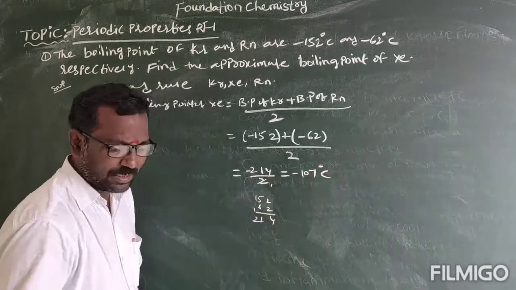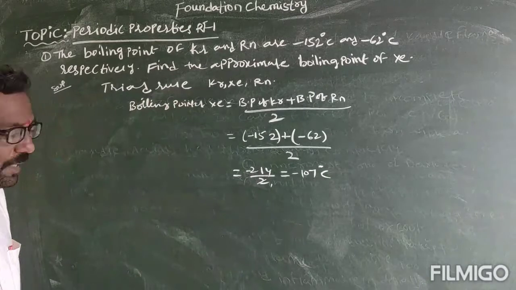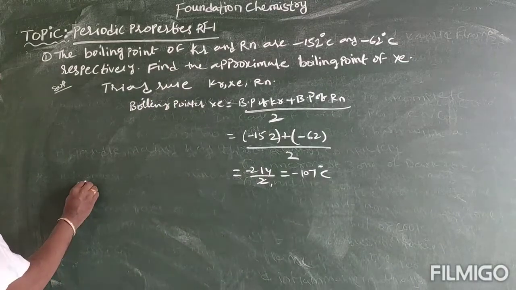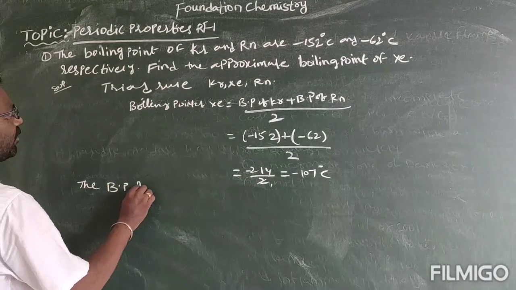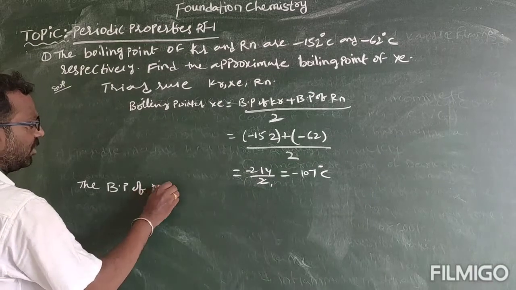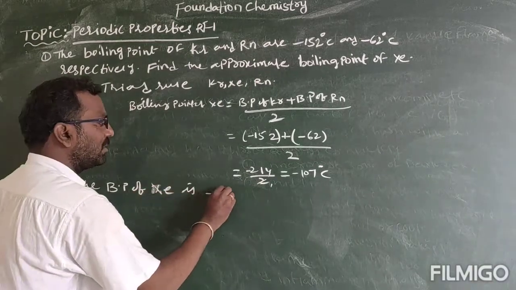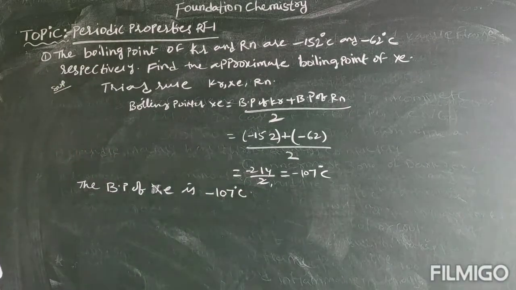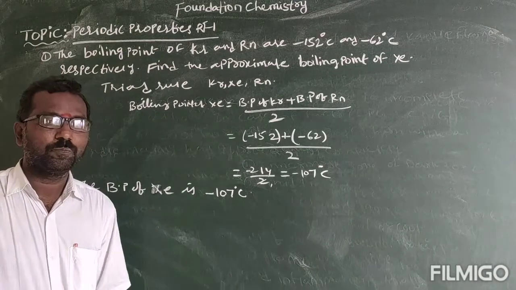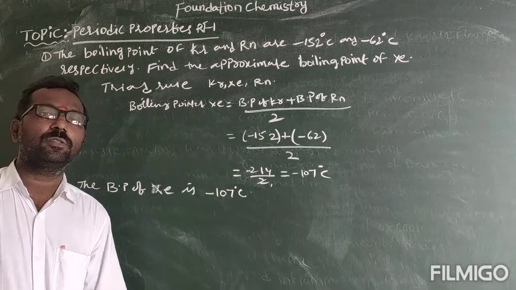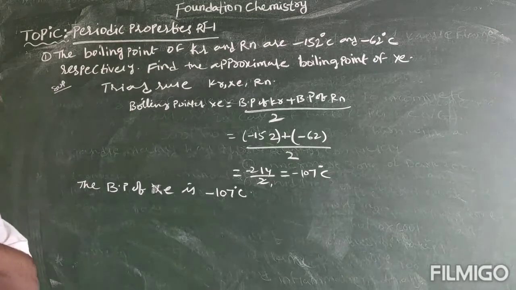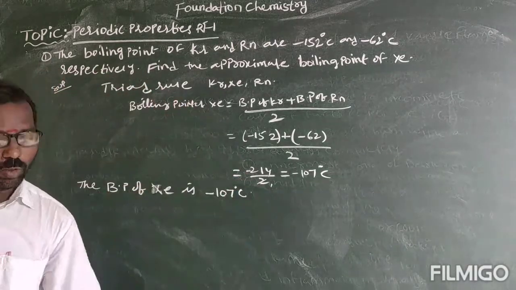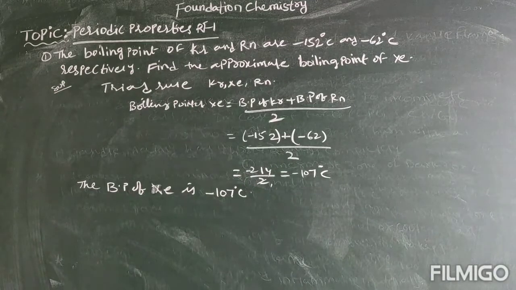So the boiling point of xenon is minus 107 degrees Celsius. Is it or not? Any doubts you can ask. This is one concept for finding the boiling points.